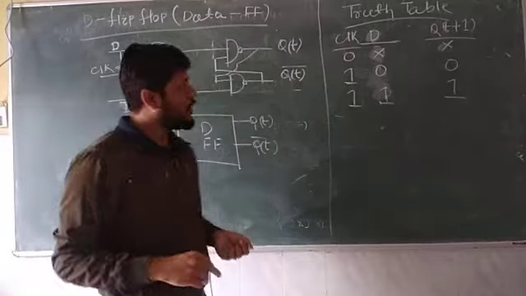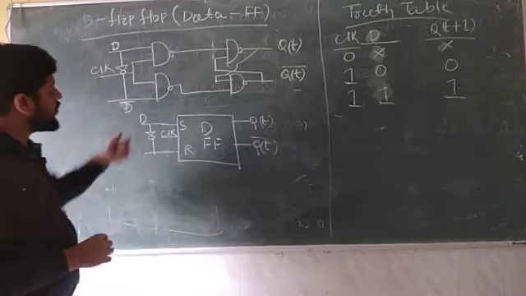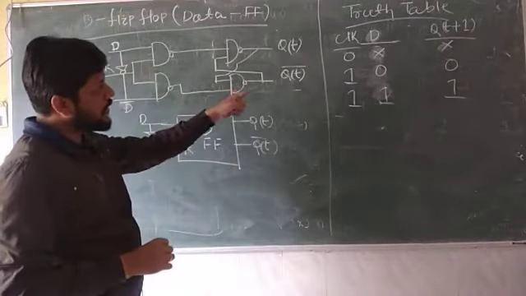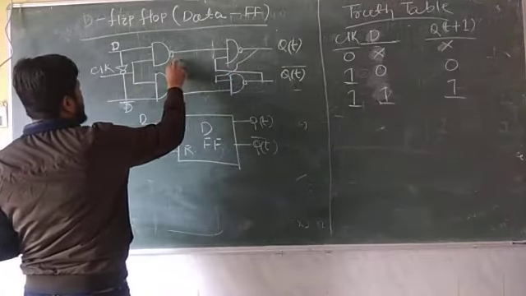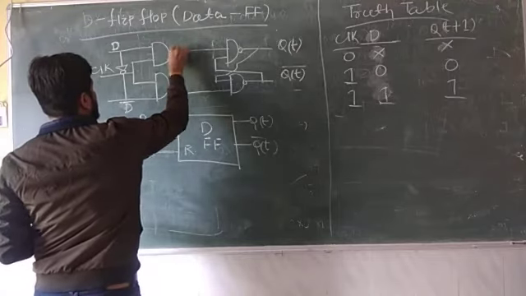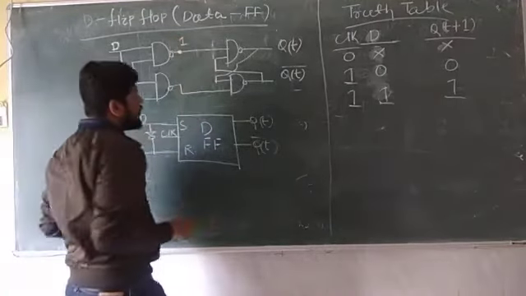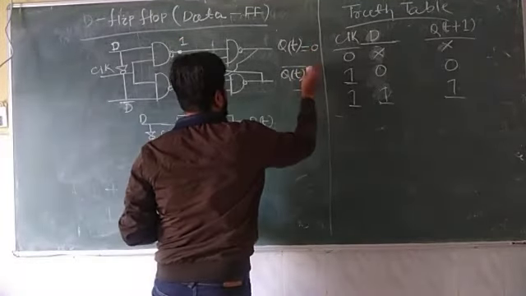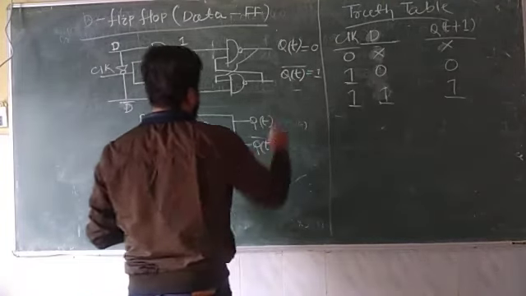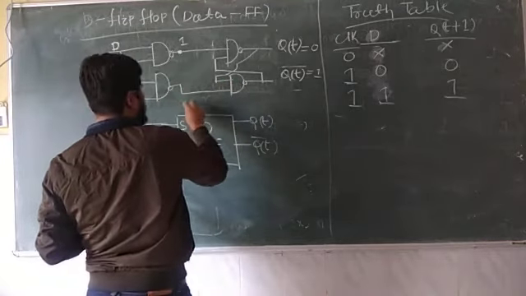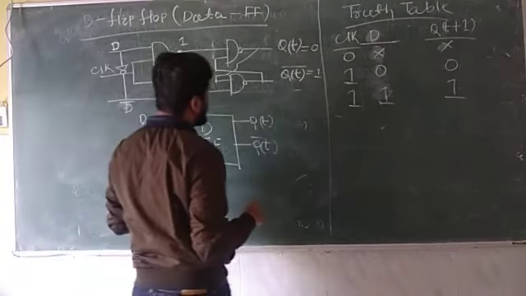You can see here, the clock is high and D is 0. The moment one of the inputs to the NAND gate is 0, we will have output 1. Suppose QT is 0 and QT bar is 1. Here D bar is 0 and clock is high, so this is also 1. So 1 1 is coming here.